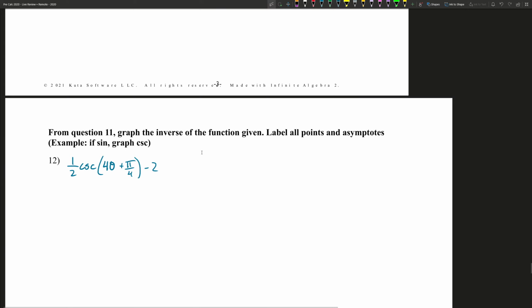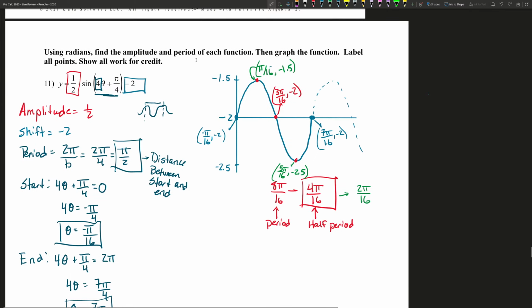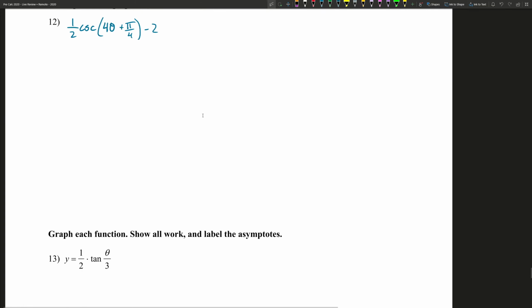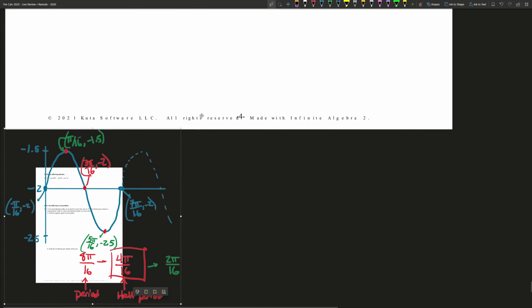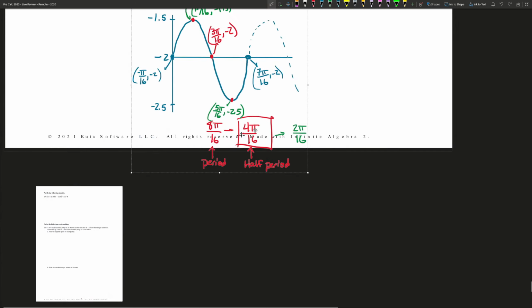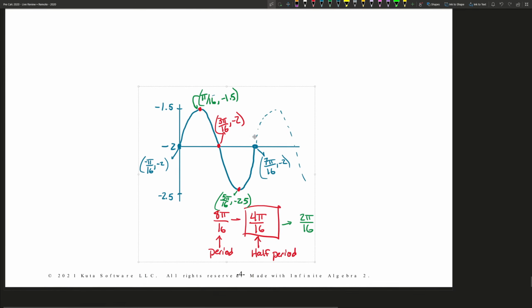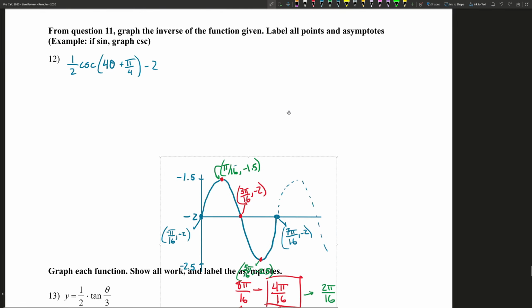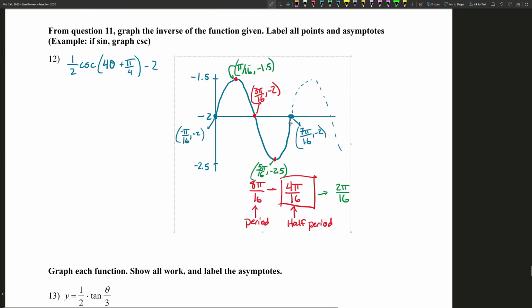All right, so when we do this, I'm just going to copy all this. That's pretty much going to give us our answer. Right, so this gives us our answer pretty much, except I'm going to clear some of these points.